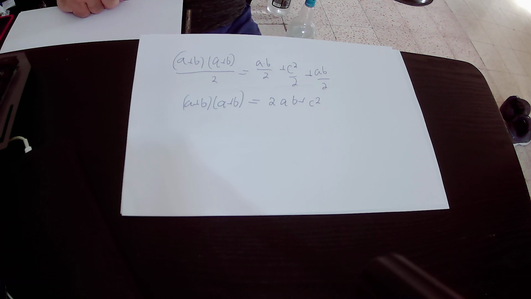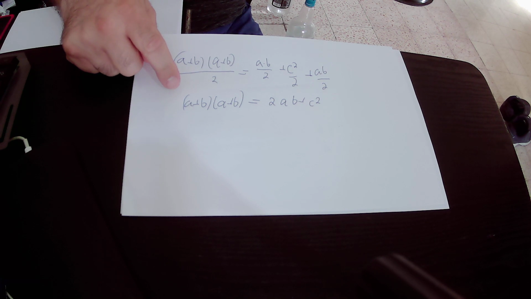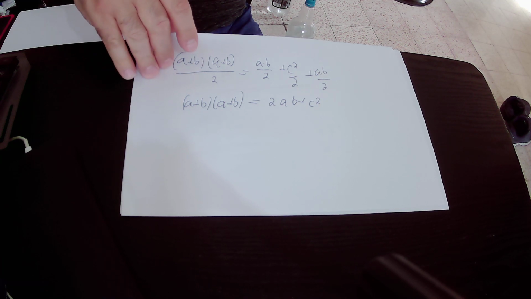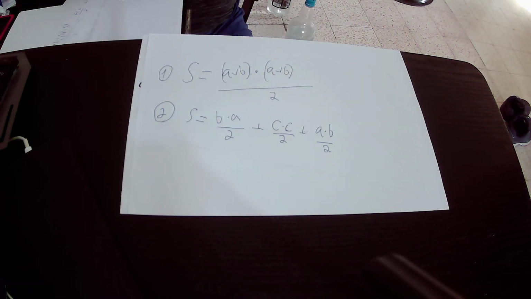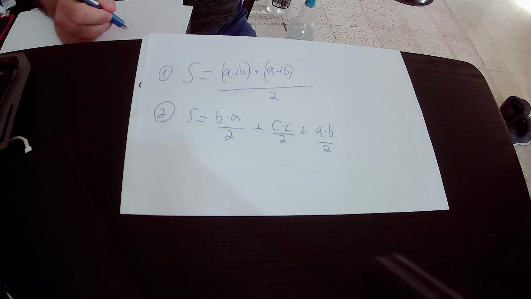Now we will open the brackets in the left side of the equation. A times A is A squared. A times B is AB. B times A is BA. And B times B is B squared. Equals 2AB plus C squared.